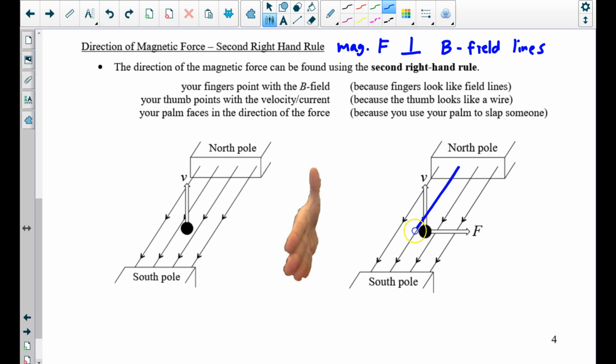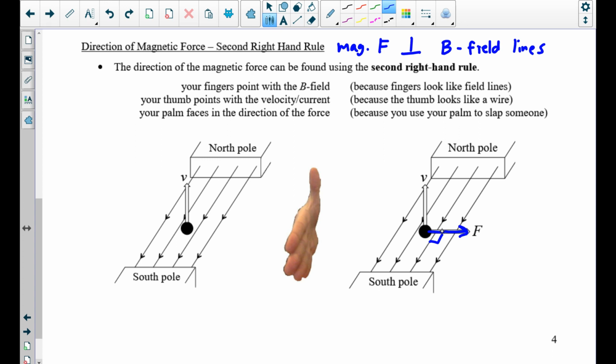The field points like this from north to south. So you've got two magnets. And yet, the magnetic force is not in the direction of the field. Instead, you can see right here clearly, the magnetic force is perpendicular to the field lines. And that is a very weird idea.